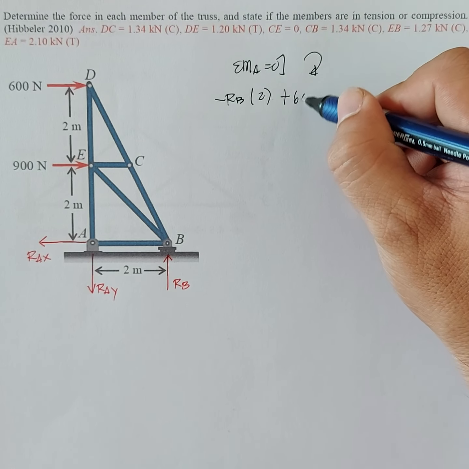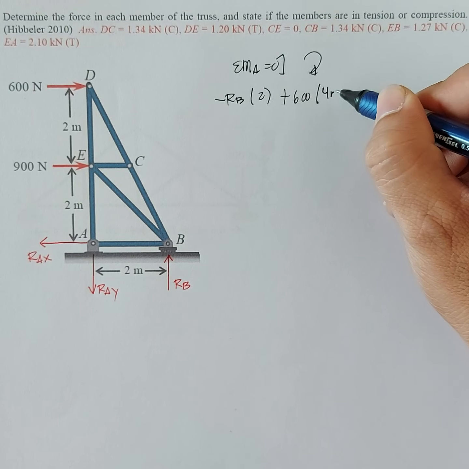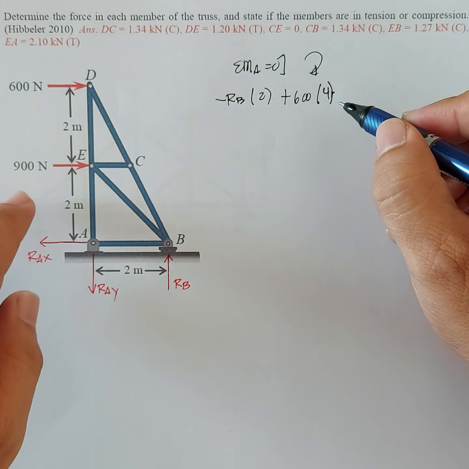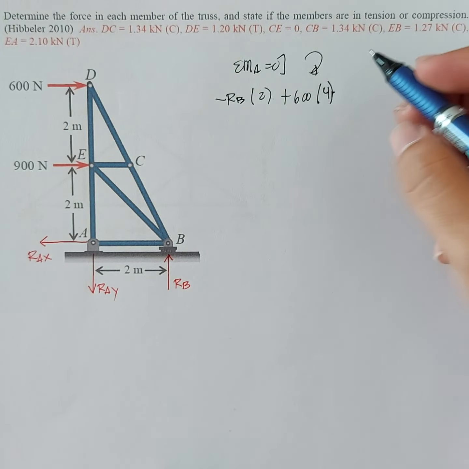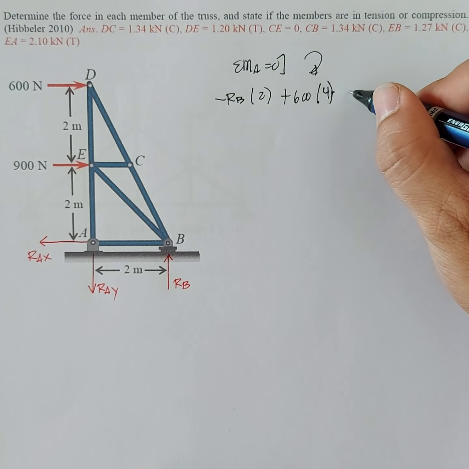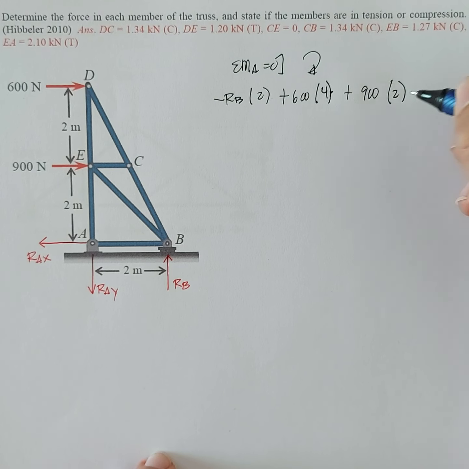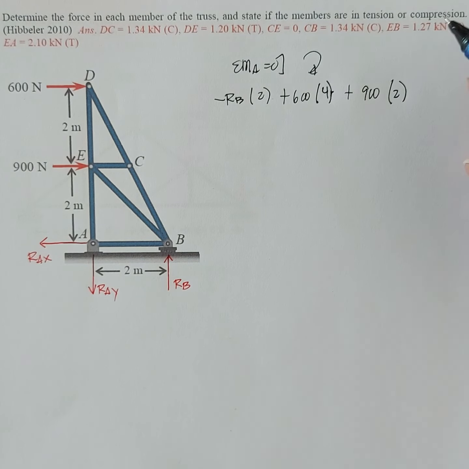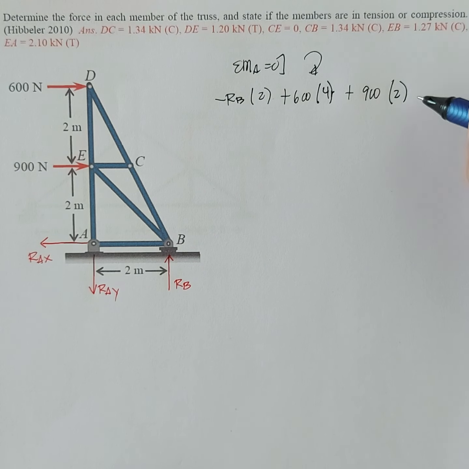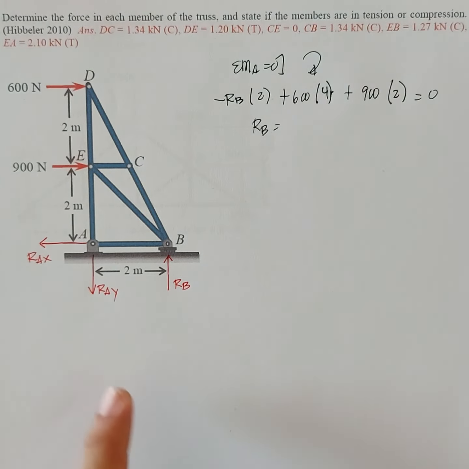So plus 600 times moment arm niya is 4 meters. Then may moment din of force yung 900 Newton force, which is clockwise, I should say. So plus 900 times moment arm is 2 meters. Okay? So that is equivalent now to 0. So we can now solve for RB using this equation.